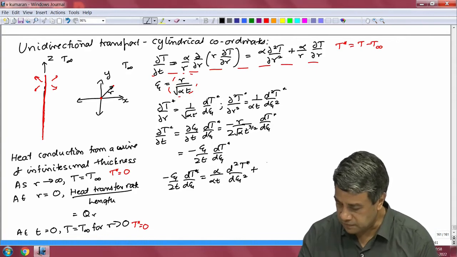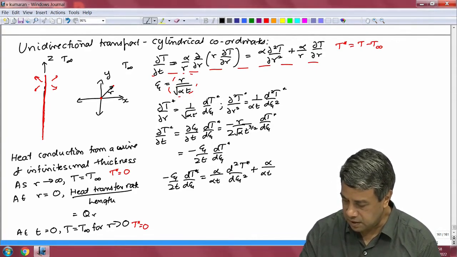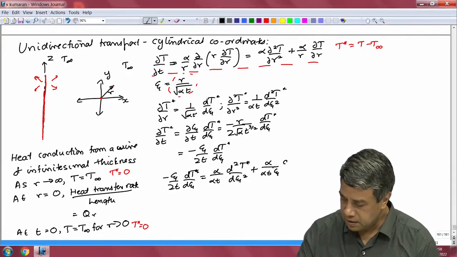So, I will just get alpha, once again you can easily verify, you will get alpha t into psi dT by d psi.